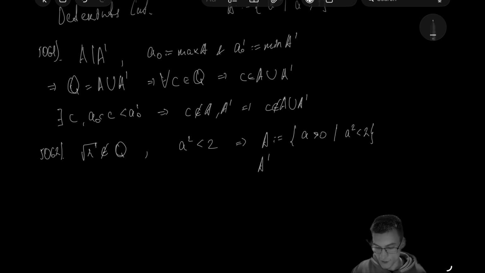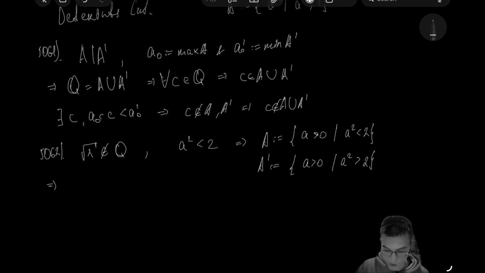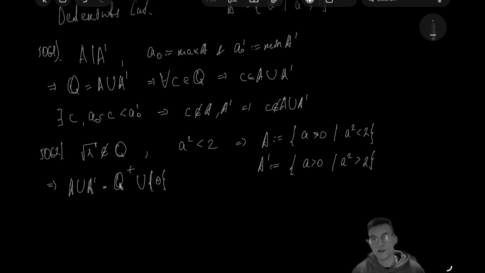And let's do the same for a prime, which would be by definition such positive a that a square is greater than 2. In fact, we can see that their union equals the positive rational numbers and 0. Well, quite intuitive, right? Square root of 2 doesn't belong to this set, but it is not a contradiction because we already know that square root of 2 is not a rational number, so that's all good. But this number still exists, and there is still a gap.